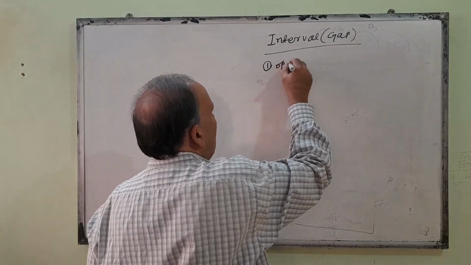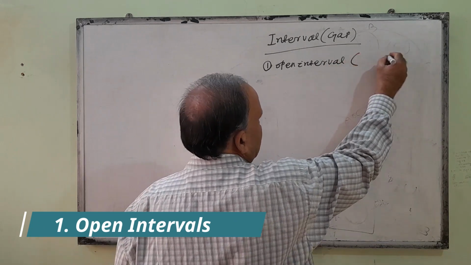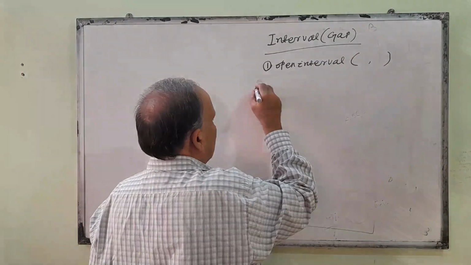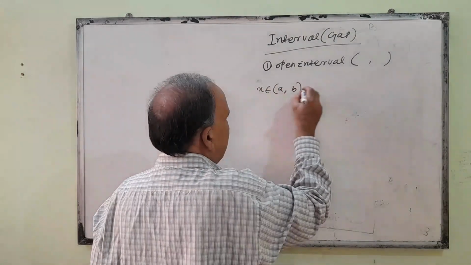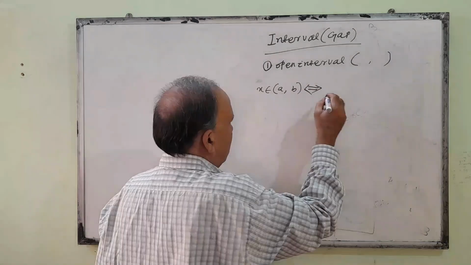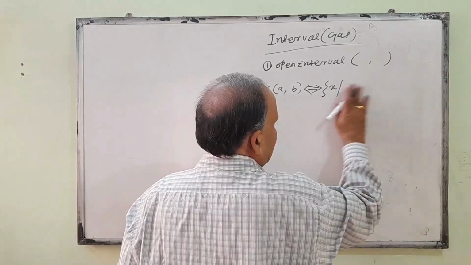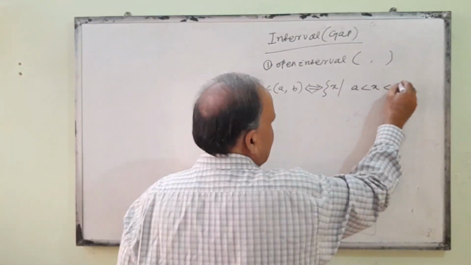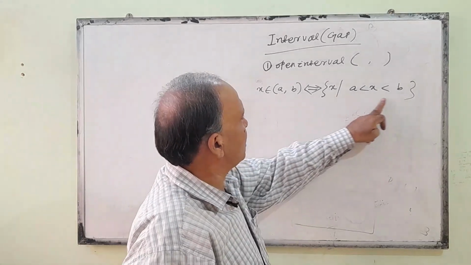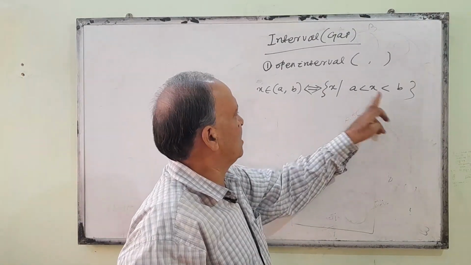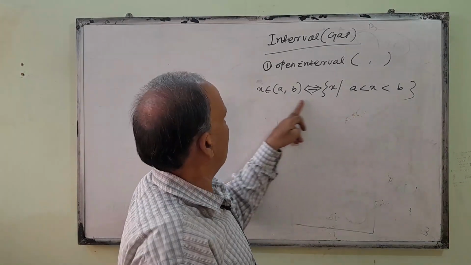First one is the open interval. Its symbol is like this. What is its definition? x belongs to the open interval of AB implies and is implied by x such that A is less than x is less than B. That means x lies within A and B, but x is not equal to A and x is not equal to B. This is your open interval.